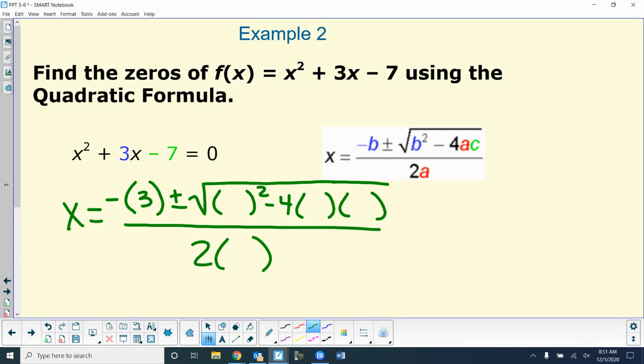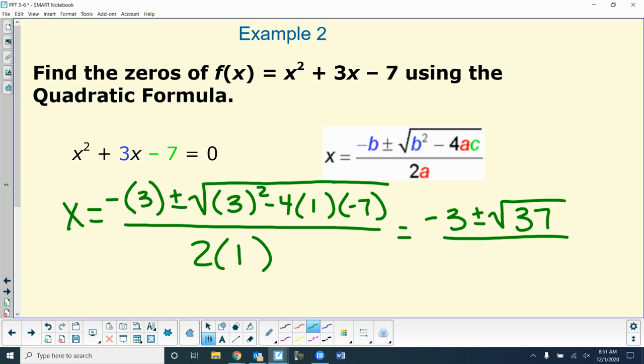Okay, so b is 3, a is 1, c is -7, right? So we get -3 plus or minus the square root. This becomes 37 over 2. 37 is a prime number, it won't break down.